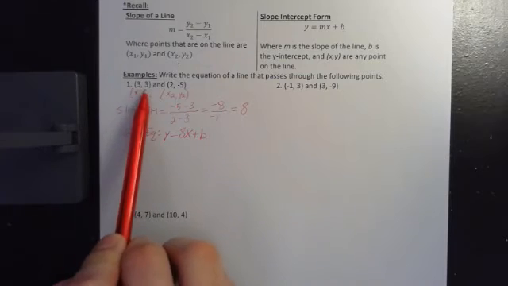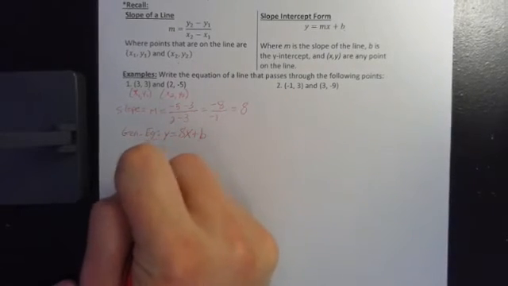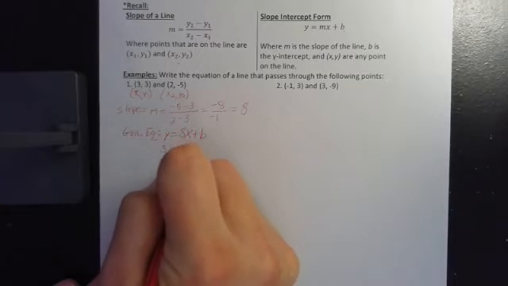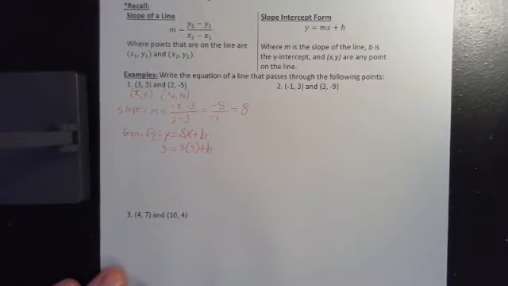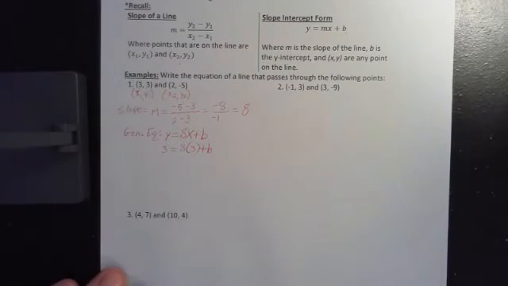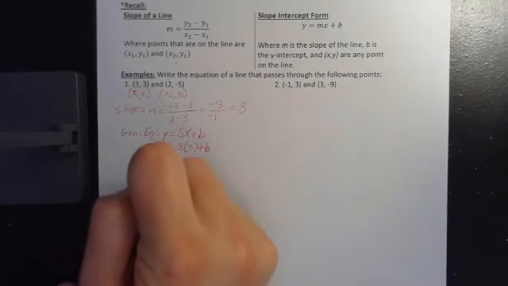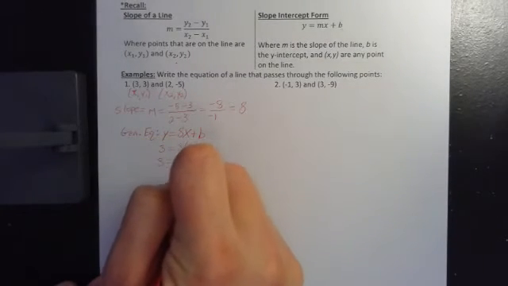I'm just going to choose my first point, which is 3, 3, and I'm going to substitute that in. So 3 is equal to 8 times 3 plus b. Now my goal here is to find my y-intercept to make sure that I have the unique line that passes through the points 3, 3, and 2, negative 5. So I have 3 is equal to 24 plus b.